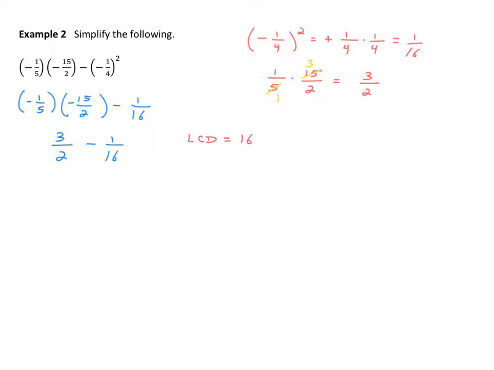And this is because I can multiply 2 by 8 to get to this denominator. So I'm going to take this fraction and multiply it by 8 in both the numerator and denominator. So, maybe just off to the side, I'm taking 3 halves and I'm multiplying it by 8 on both the top and the bottom. Because in the denominator, 2 times 8 is 16, and in the numerator, 3 times 8 is 24. So I'll put 24/16 back into this expression.